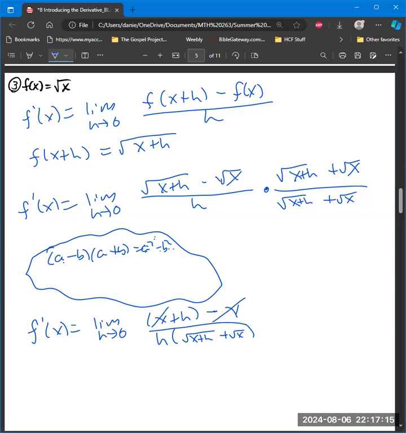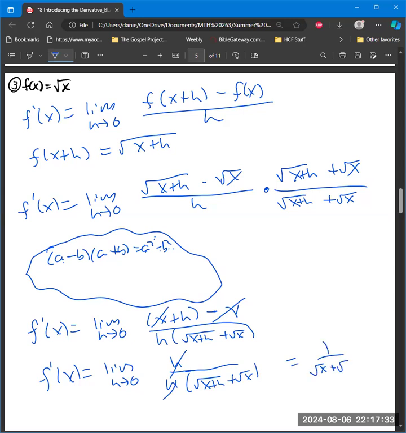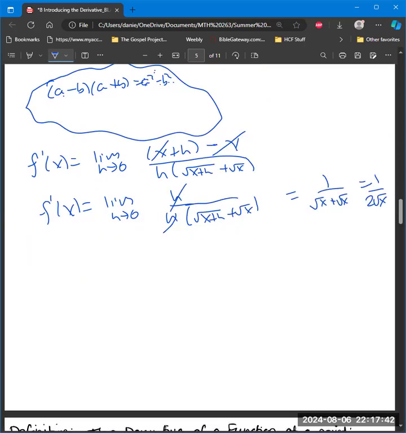So that's going to go to 0. f prime of x is going to be the limit as h goes to 0 of h over h times root x plus h plus root x. And we're going to evaluate here 1 over root x plus root x. It's 1 over 2 root x. Right?